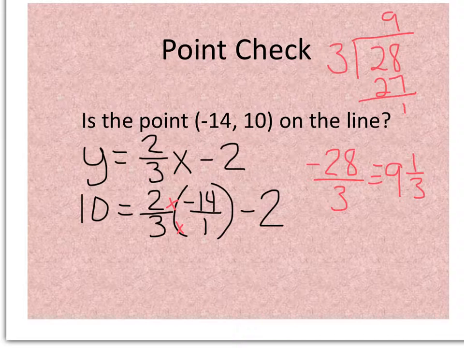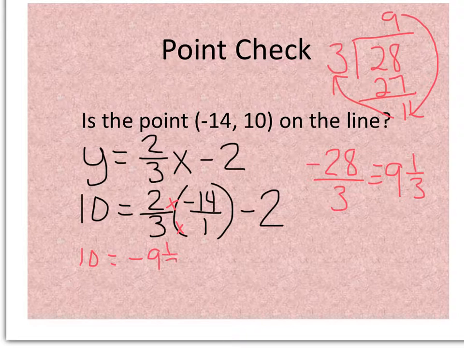That's 27 with 1 left over. That's how we get our 9 1/3. Okay? So we basically have 10 equals negative 9 1/3 minus 2. You and I both know that negative 9 1/3 minus 2 does not equal 10. Therefore, is this point on the line? No, it is not.